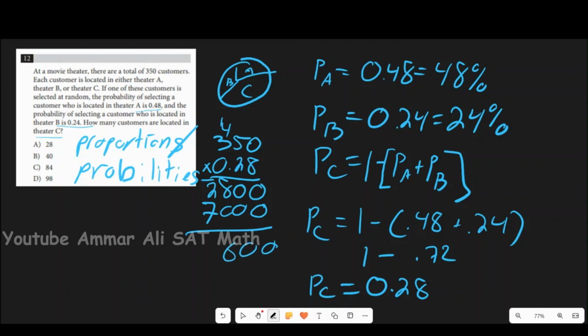So 0, 0, 8, 9. And then, since this is a decimal, we need to count 2 decimal places and put our decimal point. We go 1, 2, put a decimal point here.